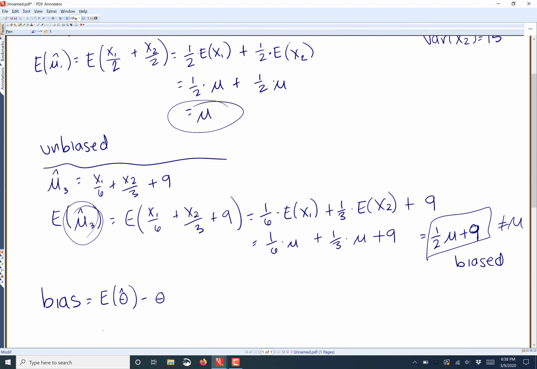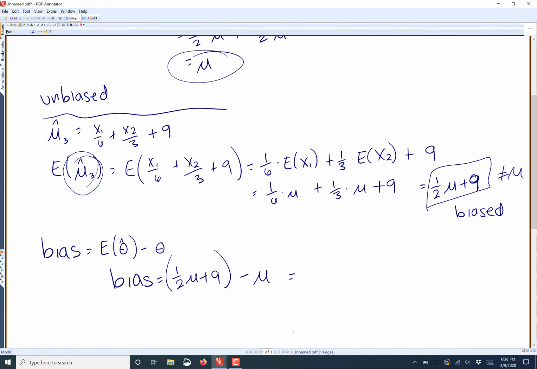So in our case, our bias is going to be the expected value of mu hat, which is this 1/2 mu plus 9, minus our actual parameter of mu. So 1/2 mu minus mu is going to be negative 1/2 mu plus 9, or you might want to write it as 9 minus mu over 2.